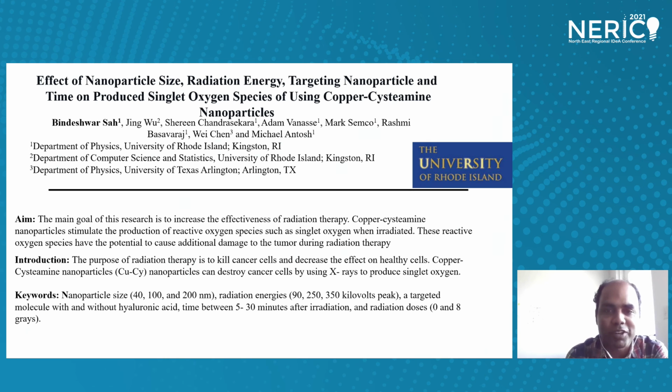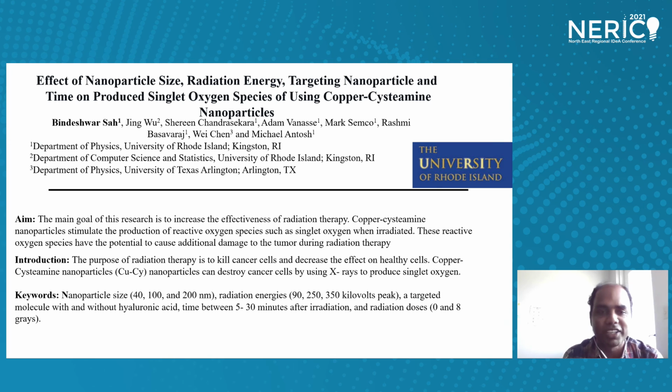So our purpose for that experiment was to see which size and which energy level produce higher singlet oxygen. That means if you get a higher singlet oxygen, they kill more cancer cells. So that is the purpose.